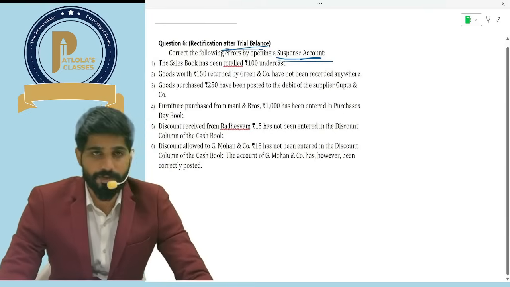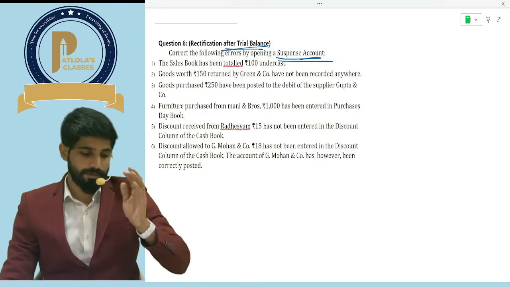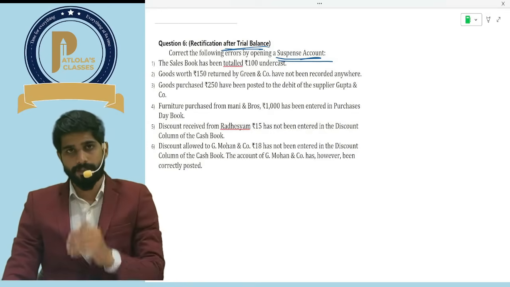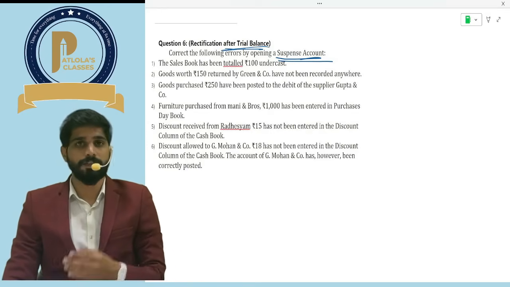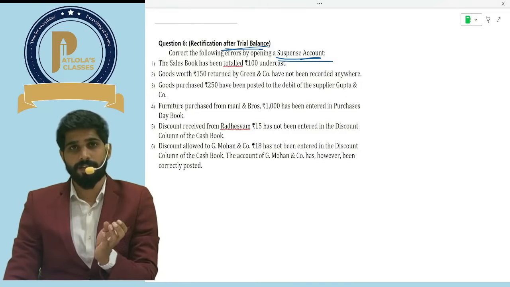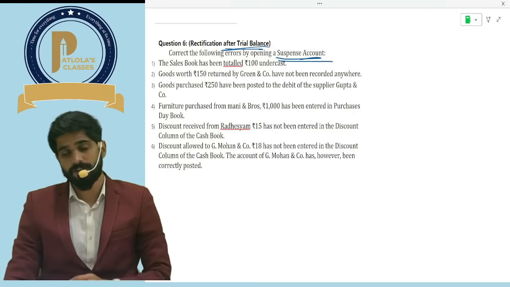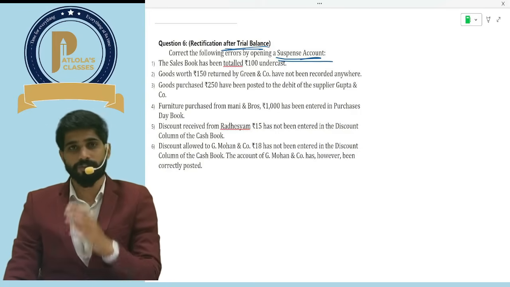What is the first rectification? The sales book has been totaled 100 undercast. Undercasting in the sense it is taken less. Which side is it taken less? Sales. Credit side it is taken less. So your trial balance will not tally on the credit side by 100. We will put that to suspense. So suspense will have a credit balance of 100.